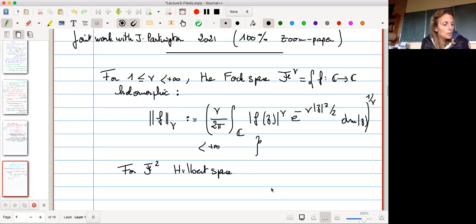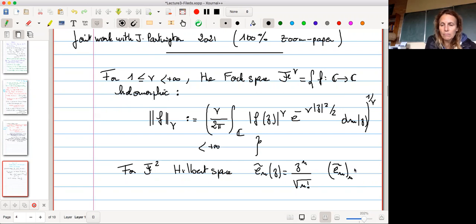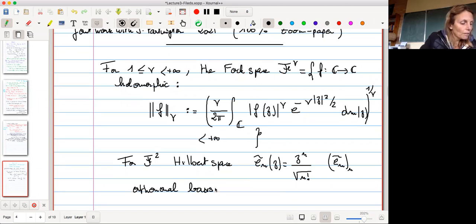And it's a classical fact that when you take z to the n over the square root of factorial n, this is an orthonormal basis.